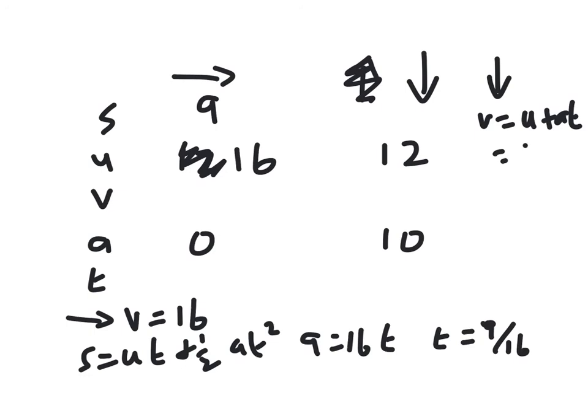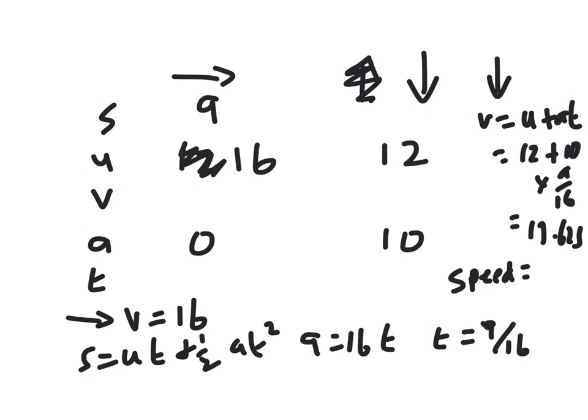So v is 12 plus 10 times 9 over 16, which is 17.625. So for the speed, you need to use Pythagoras on these two components, the 16 and the 17.625. Yeah, and that's 23.8.